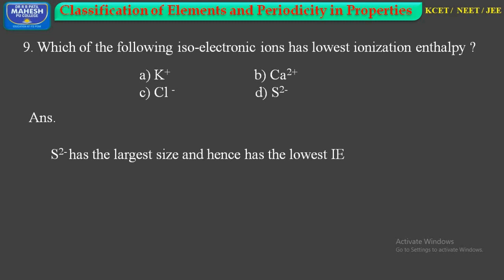So with 16 protons, students, sulfide anion gets the largest size when compared to potassium cation, calcium cation, and chloride anion. When the size is largest for sulfide anion, removal of the electron becomes easier. Thus, it has got lowest ionization enthalpy value. So answer is option D, sulfide anion.